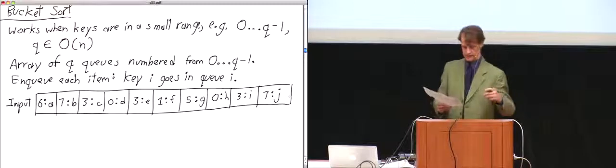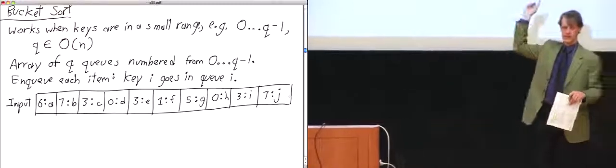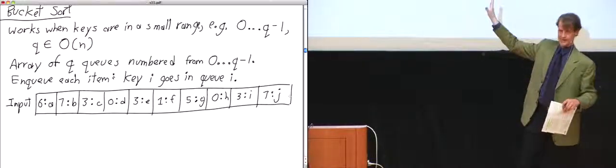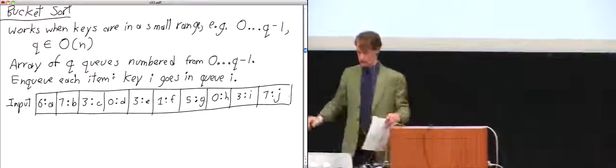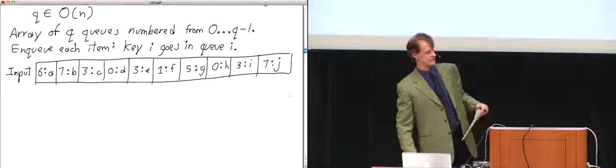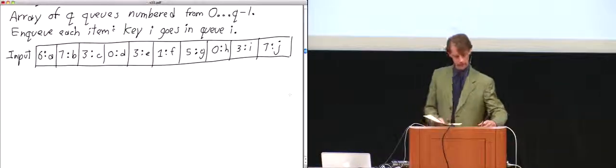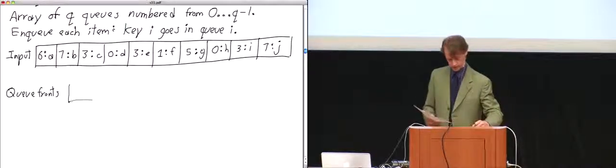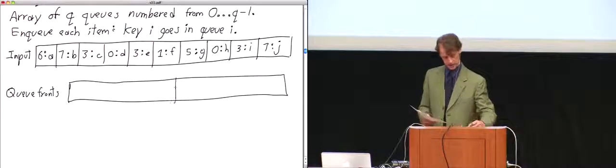So let's sort these items. By the way, the values associated with these keys, I have put them in alphabetical order. It doesn't have to be in alphabetical order. I'm just doing that because I want to demonstrate the stability of this sort. So what the algorithm is going to do is build a bunch of queue fronts, one for each possible key. There are 8 possible keys from 0 to 7.